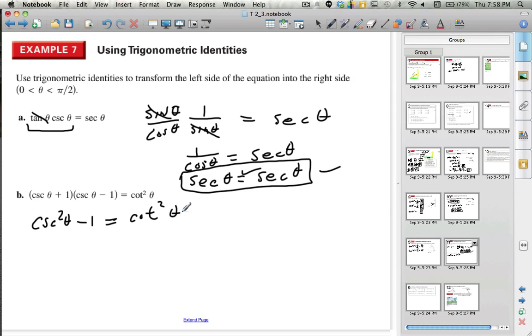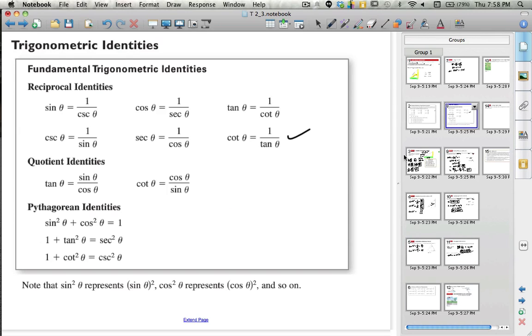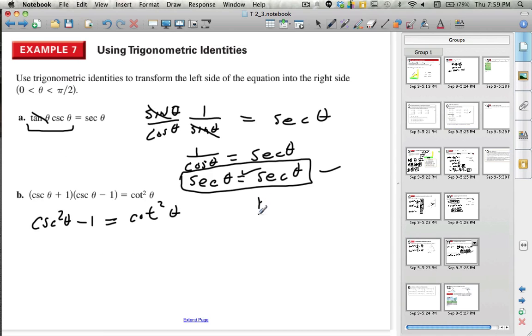Okay. So now let's go back and see what sort of progress we've made. Over here I have 1 plus cotangent squared theta is equal to cosecant squared theta. And if I subtract 1 from either side, I'll get that cotangent squared theta is equal to cosecant squared theta minus 1.